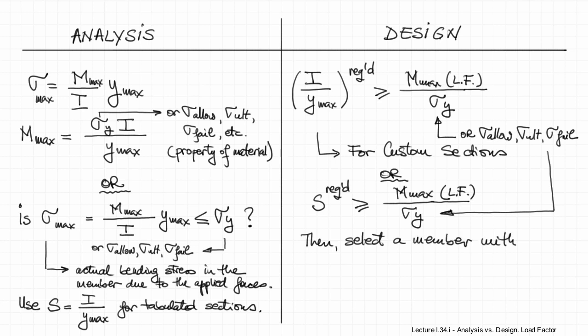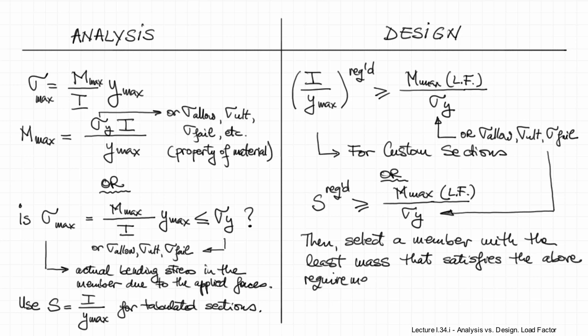Then we can select a member that has a section modulus larger or equal to the required one, but having the least mass that still satisfies these requirements. That would ensure that our section is selected in an economical way. It's the lightest, or in other words, the cheapest section that we can select.